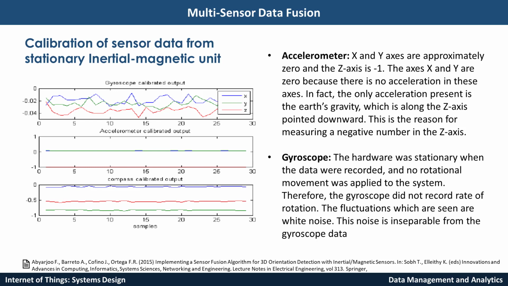And with regards to the gyroscope data, the hardware is stationary, as we told you before. There are no rotational movements applied to the system. Therefore, all the fluctuations are just white noise. This white noise is inseparable from the gyroscope data.